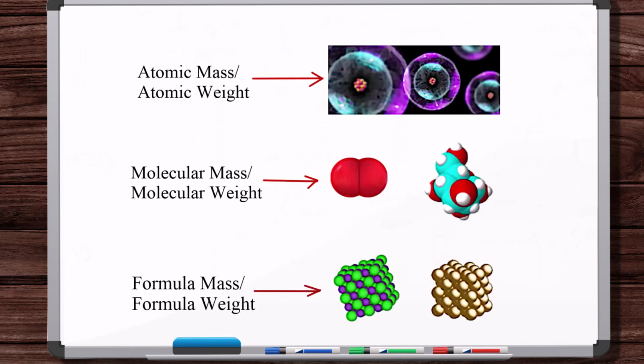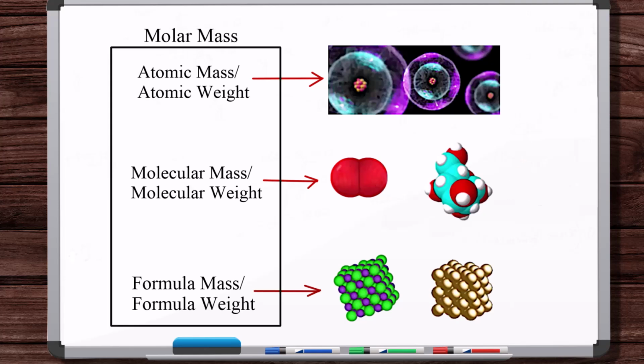And as we know, if you have the mass of any elementary entity, so a single atom, a single molecule, or a single unit of a lattice structure, if you have that mass in AMU, that value is also going to correspond to the molar mass of that entity, right? And so these values are also equal to the molar mass of whatever molecule you determine the mass of, or whatever atom you determine the mass of.